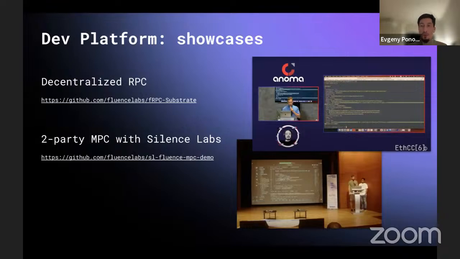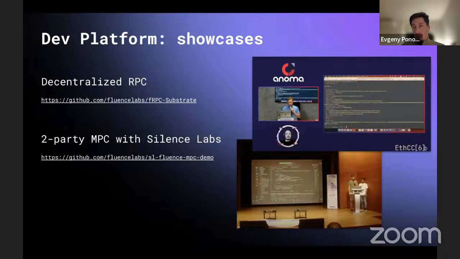And it's fully customizable because it's Aqua. You can edit anything there, so you can try it and play with it, and get the idea of these decentralized workflows with Aqua for your use case.